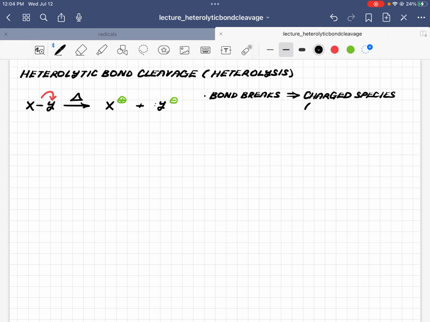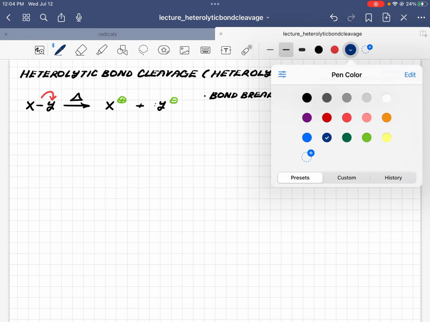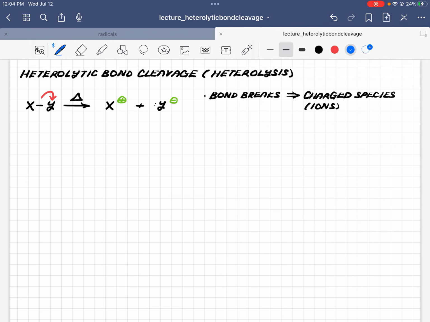And these charged species are called ions. Here, this negatively charged species is called an anion.